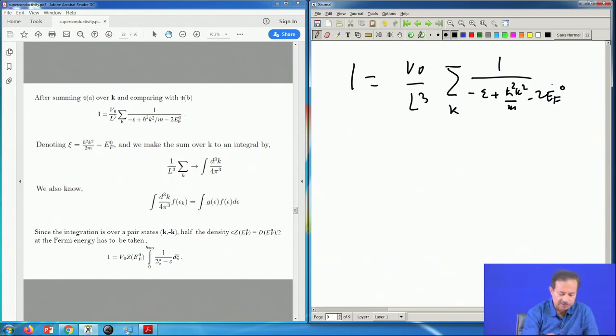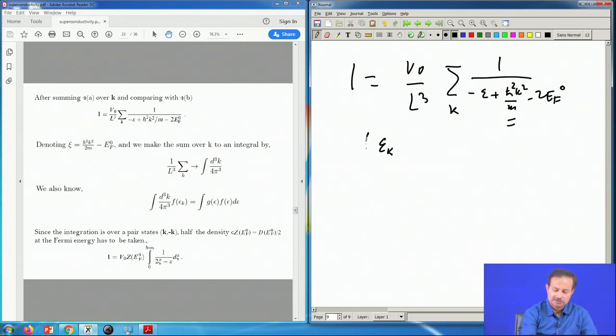And we converted that to an energy integral using well known relations, because this function is a function of just the original energies, the energy of the non-interacting free electrons, of basically two particles.